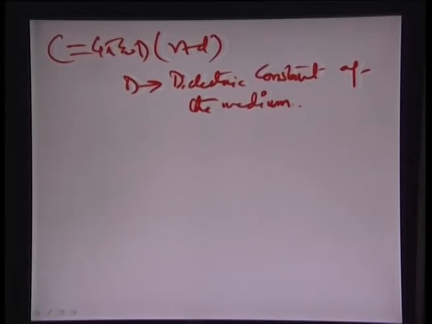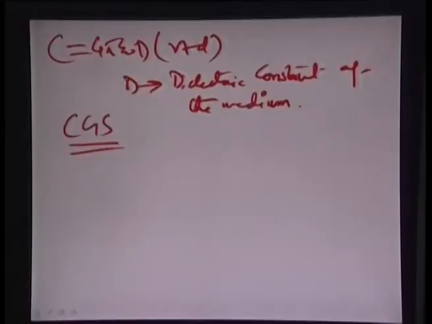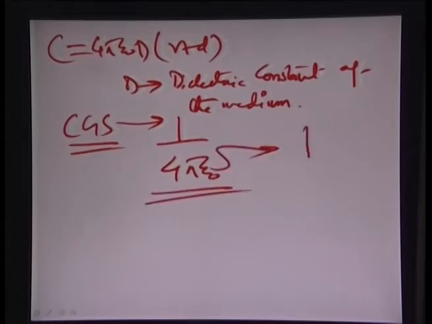All right. One interesting factor I would like to mention is that most of these equations have been formulated using CGS units, centimeter gram second units, which I think I have discussed before in electroosmosis as well. In CGS units, this quantity 1 by 4 pi epsilon naught tends to 1.